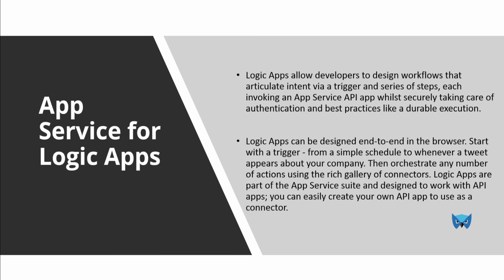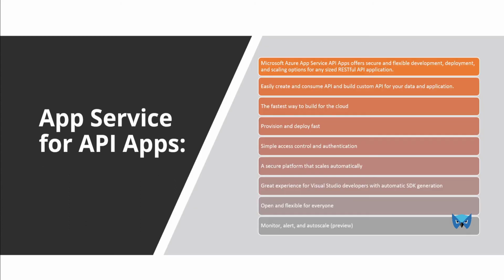Let's see the next App Service, API apps. API apps can create and consume APIs and build custom APIs for your data and application. They are very fast compared to on-premises, and provisioning and deployment in the cloud is also fast.